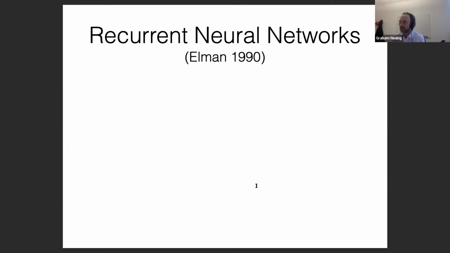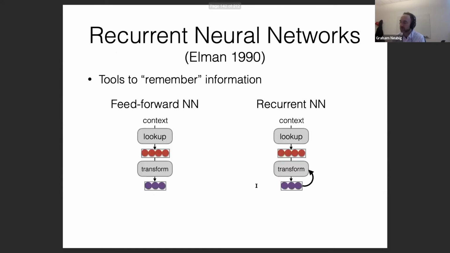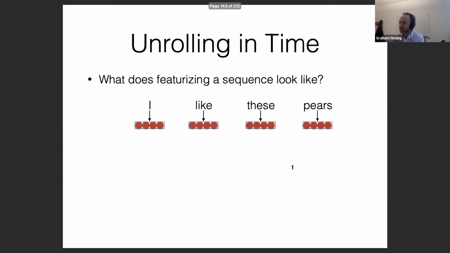So recurrent neural networks basically are one of the tools that we could use to encode sequences, either to get representations for each word or representations for other words. So basically what recurrent neural networks do is they look up the context or the input at the current time step, do a transformation of this into features, and then they feed in the features from the previous time step to the next time step.